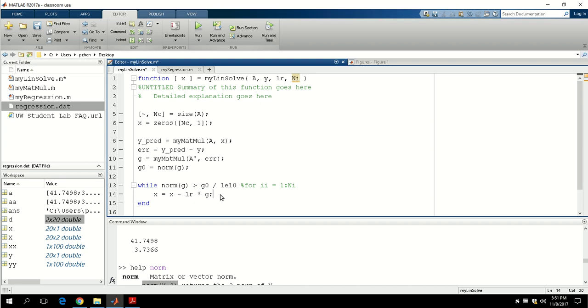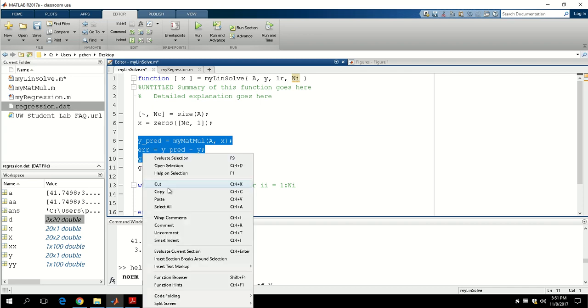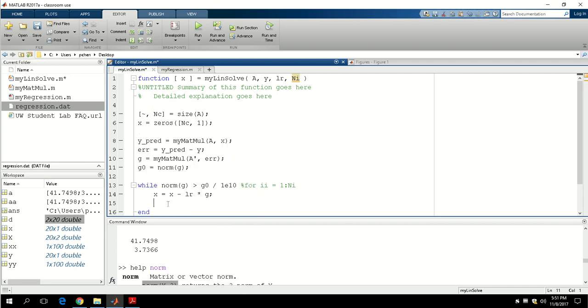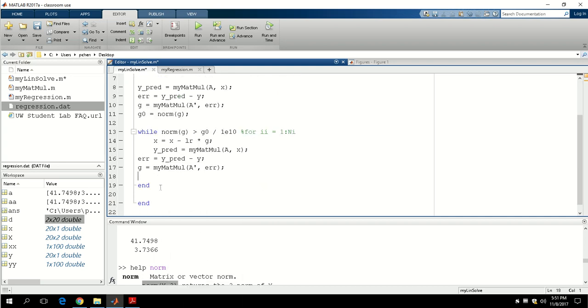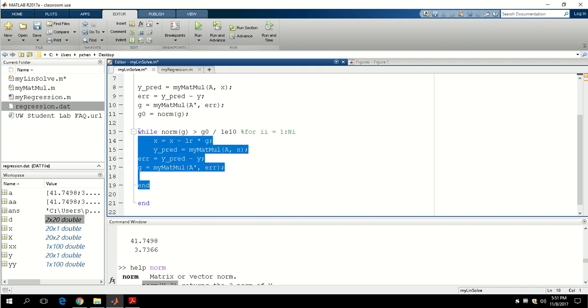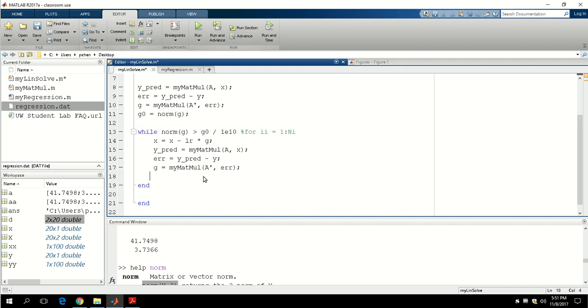And then the next thing we do is compute the y, and then the error vector, and then recompute the G, right? So we're going to copy those three lines over into the body of the loop again, right? Control I is going to smart indent, I think. Right.